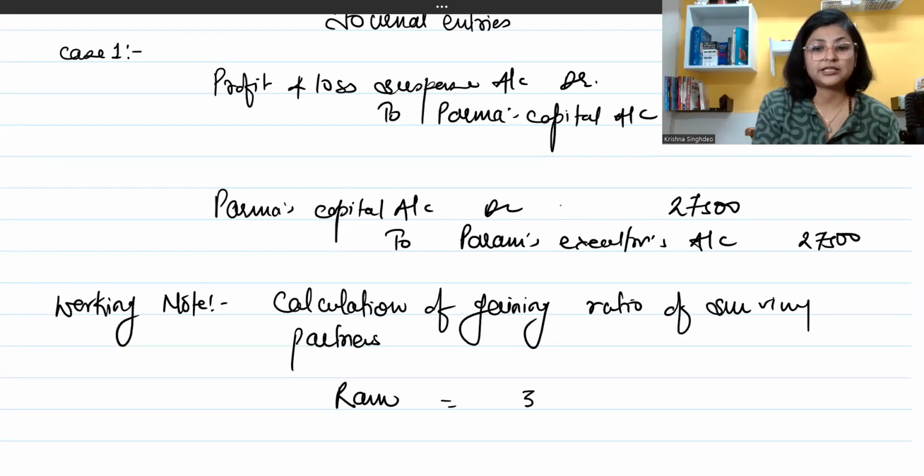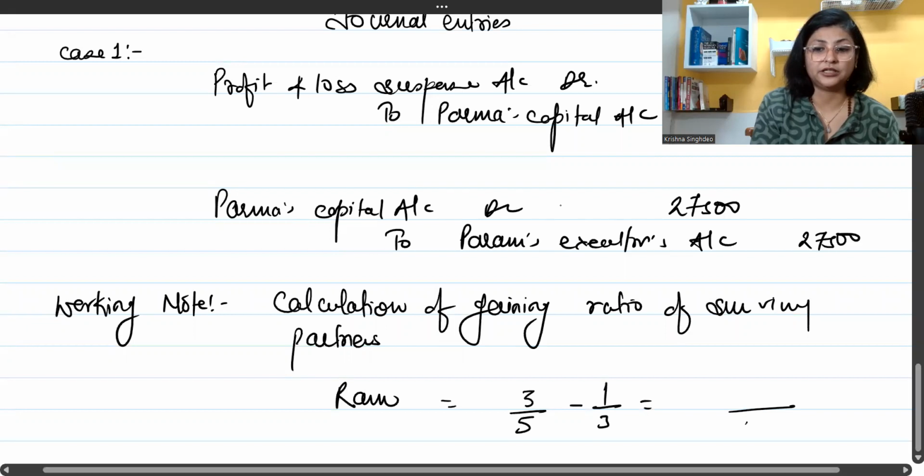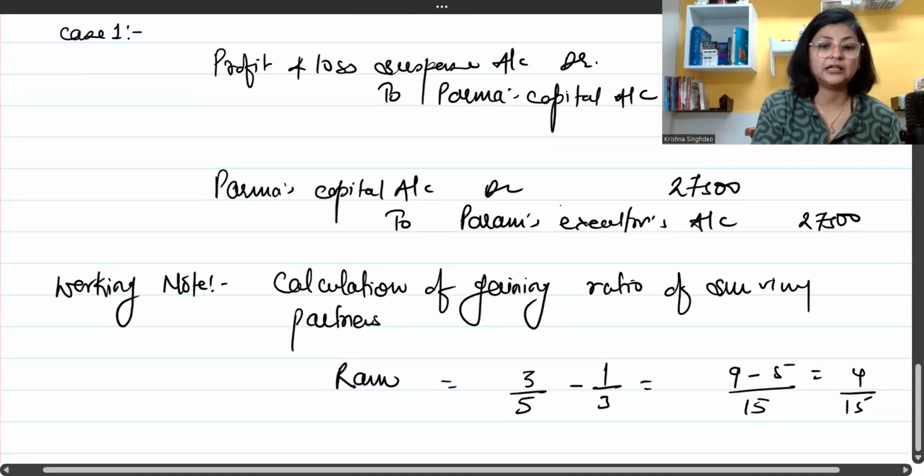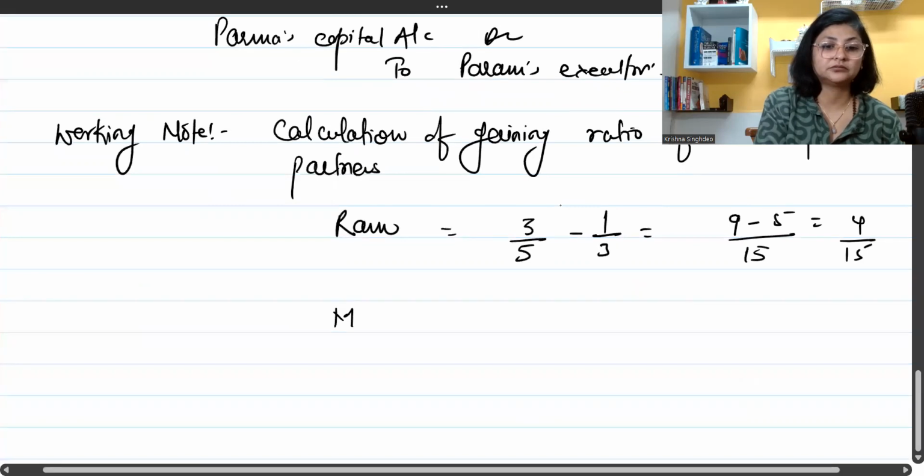So these are Ram and Manohar. Ram's ratio is 3/5 and earlier it was 1/3. So it is 15 minus 5, 4/15 is his gain, and another one is Manohar.